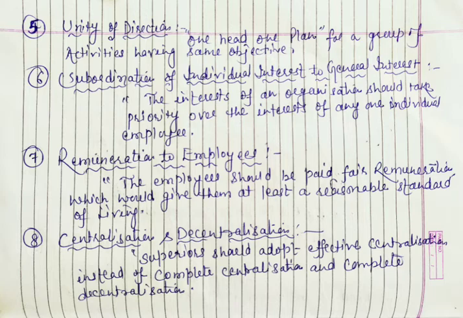Whereas every step which goes to increase the role of subordinates in the organization is known as decentralization. So superiors and authorities should adopt effective centralization instead of complete centralization or complete decentralization.